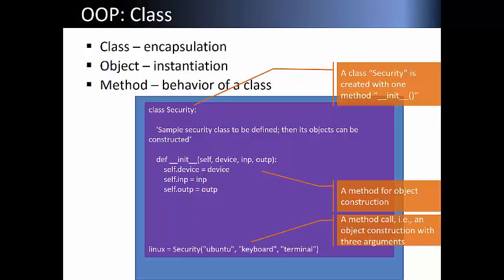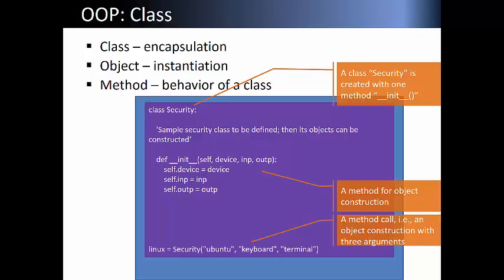Class is the definition about all the objects within that class. For example, if you have a class called table, then there are so many different types of tables available, right? They're all in the same type called table.